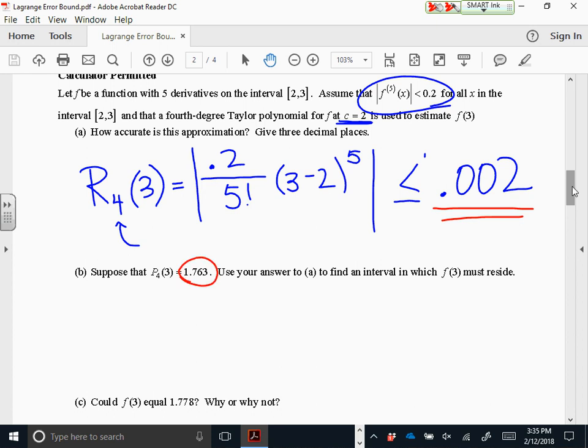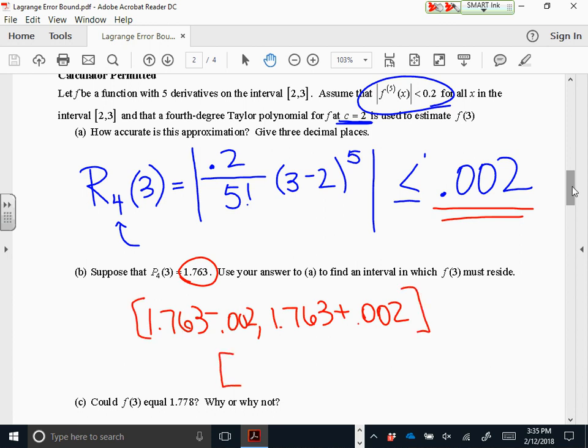So our exact value of f of 3 is going to be 1.763 plus our maximum error and 1.763 minus our maximum error. So f of 3 is going to reside in the interval 1.761 to 1.765. To me, that's a fairly good approximation. We're not going to be off by too terribly much.